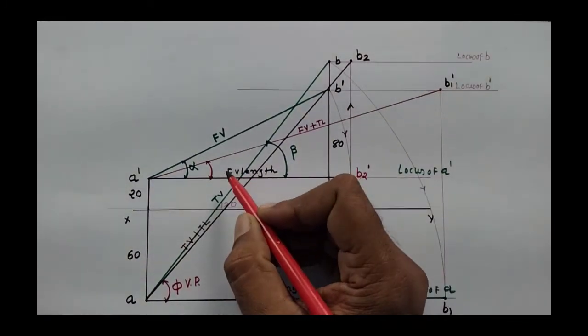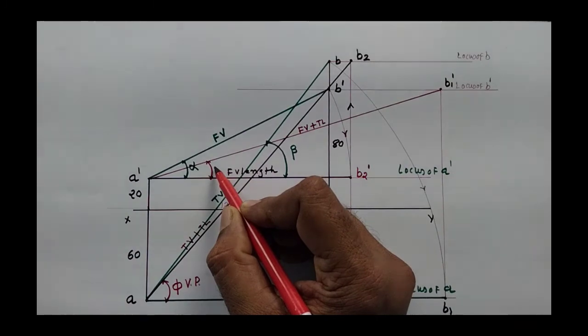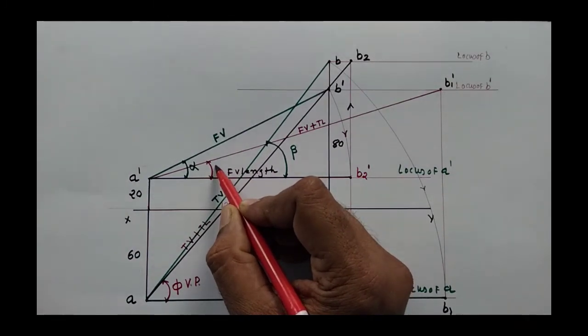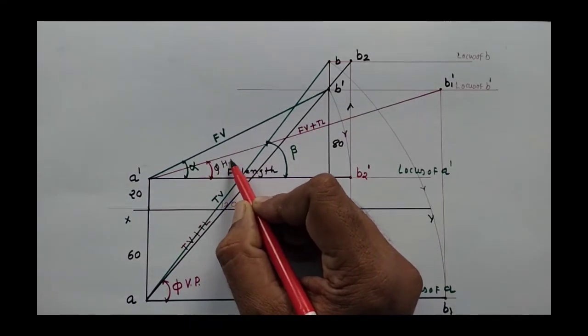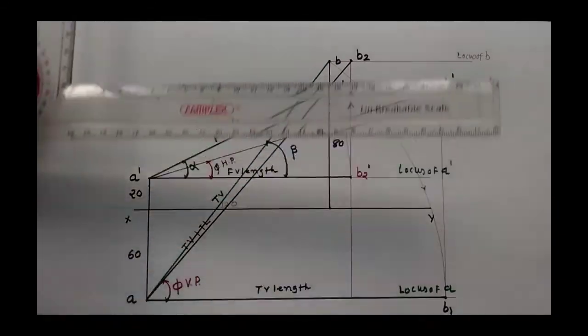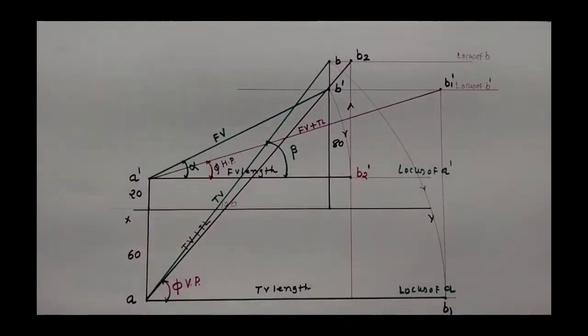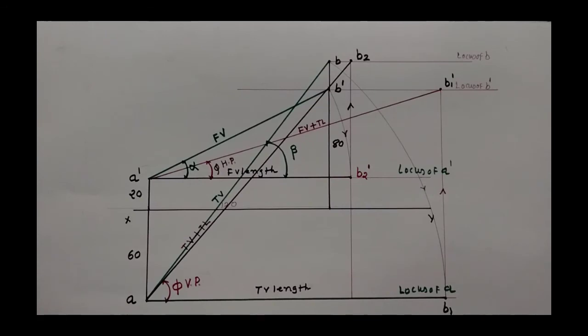This angle we call theta, line inclined to HP. It is called a line inclined to HP. So again I will quickly repeat this entire problem.